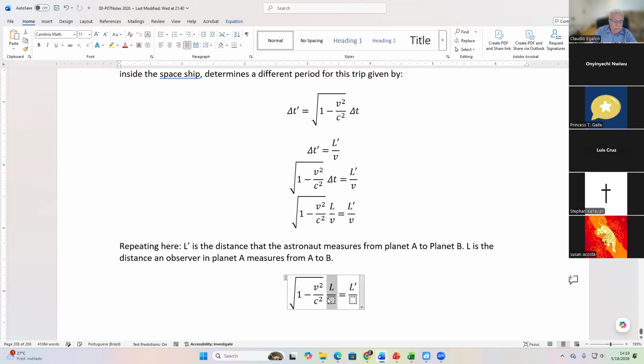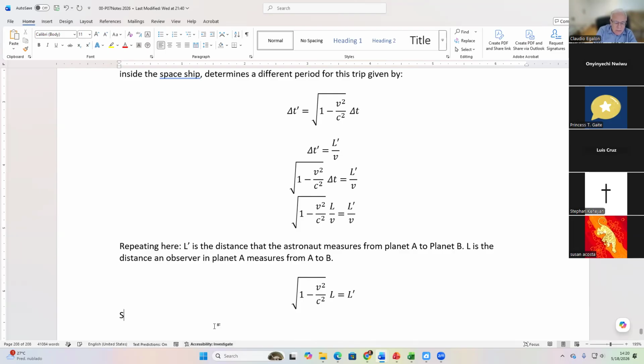And now we're getting to the point where, like that, that's the distance between planet A and planet B as measured by the moving referential of the astronauts.